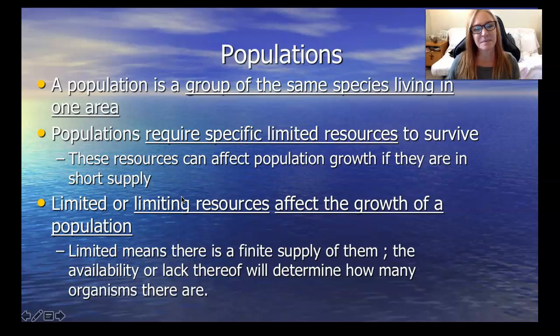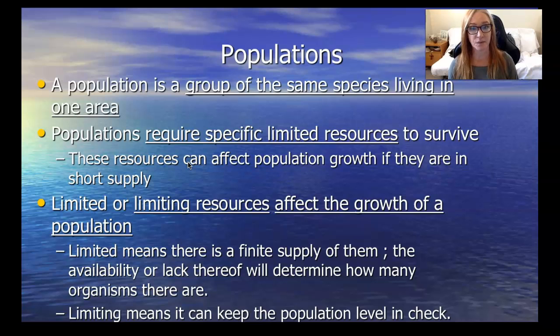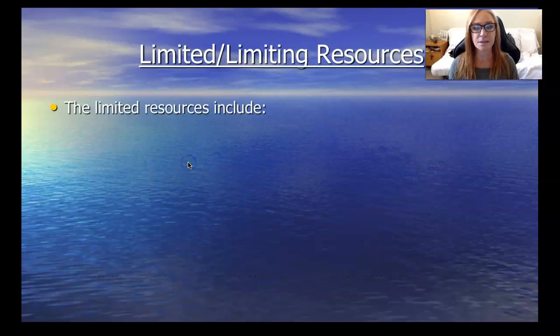Limited resources means there's a finite supply of something. There's only so much to go around in any given ecosystem. The availability of that will limit the size of a population. Limiting resources means that those resources will actually control the size of a population by removing members of a population. So what's the difference?